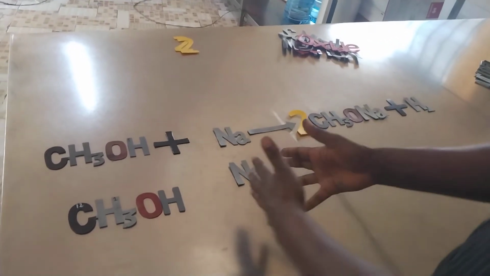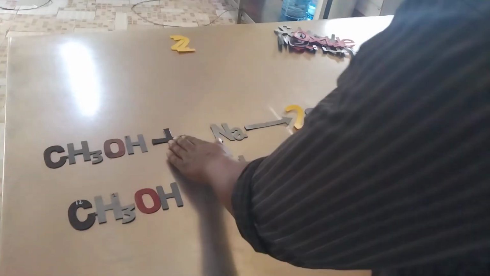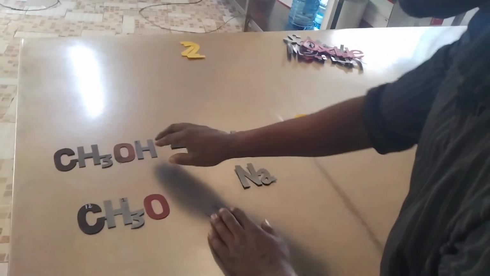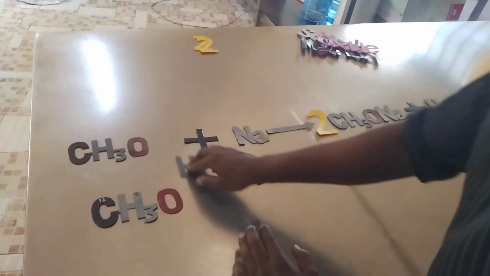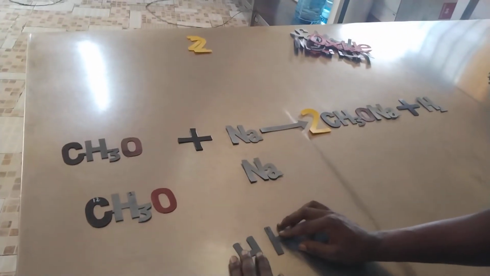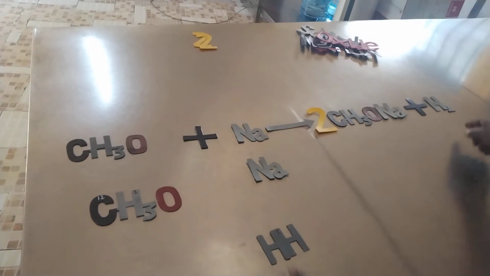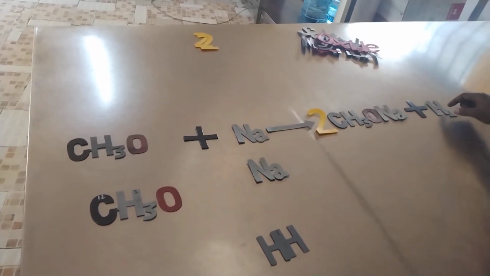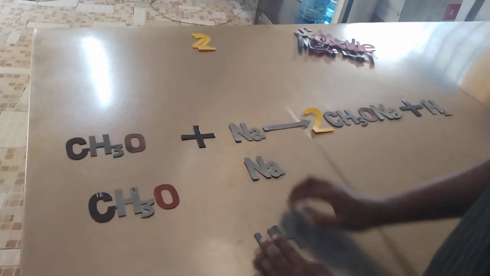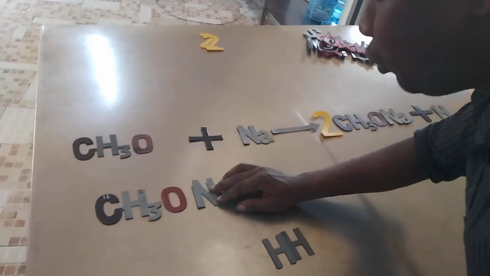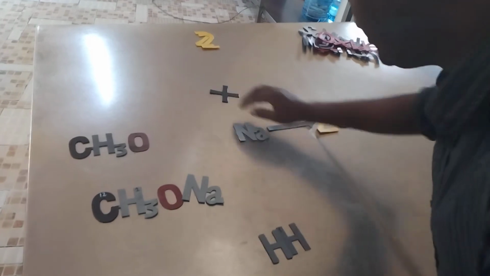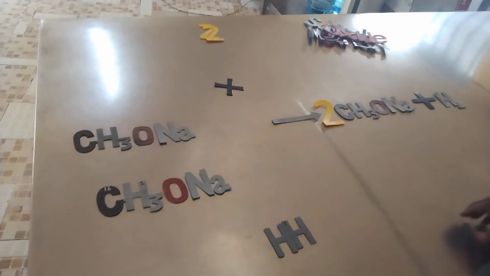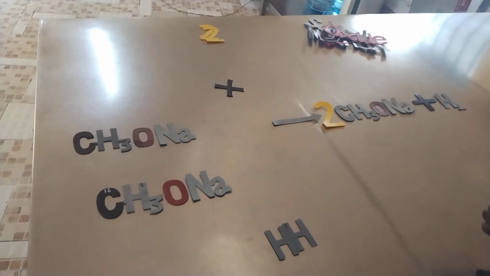When this reaction was taking place, what actually happens is that one hydrogen atom and another hydrogen atom moved out and combined to form hydrogen gas, and this is the hydrogen gas that we're talking about here. This means that we have two atoms of hydrogen, and then the sodium just moved and took the position of the hydrogen here.